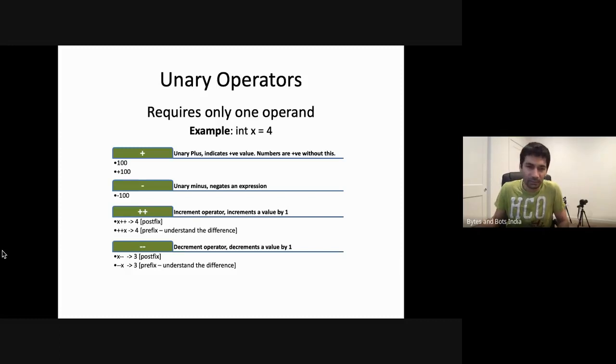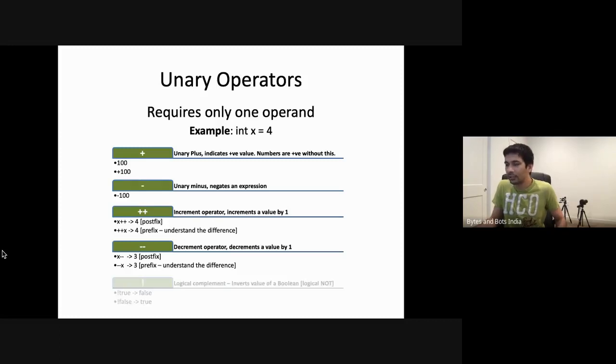And the same difference applies here. x-- will first use the value of x and then decrement it, whereas --x will first decrement it and then use it. The prefix version is out of syllabus, so we'll be using x-- in our coursework, but it's good to know.